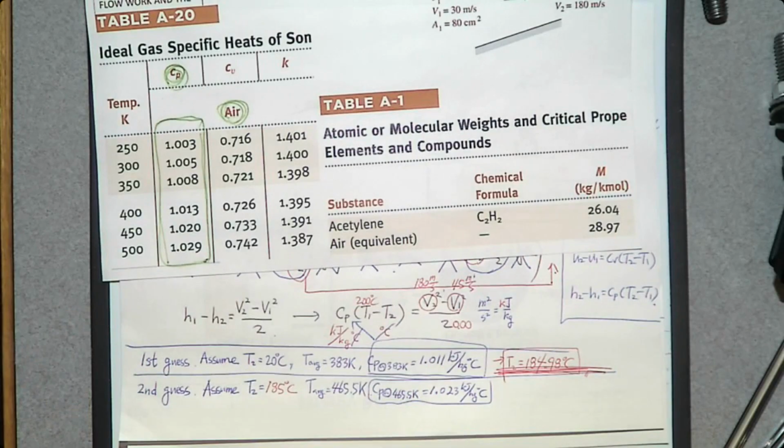180 square minus 45 square divided by 2,000 and divided by 1.023 minus 200. I get 185.2.